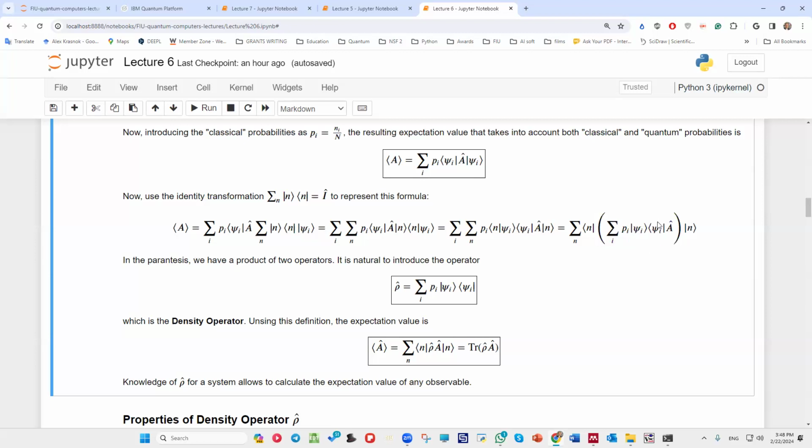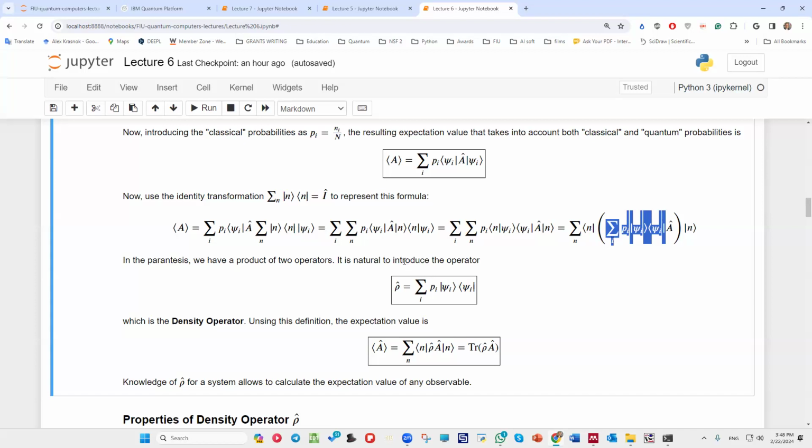Now we can notice that the expression in the parentheses is actually a product of two operators. The first operator is our observable operator A here. And we can introduce another operator highlighted here.